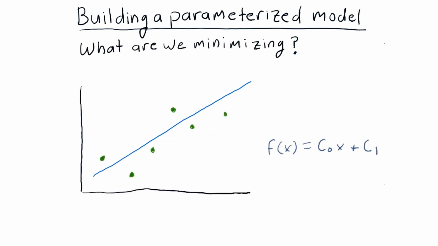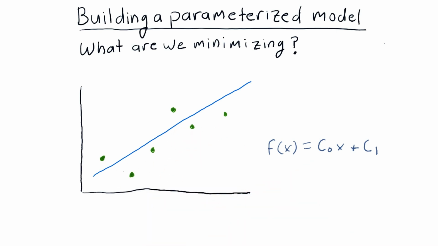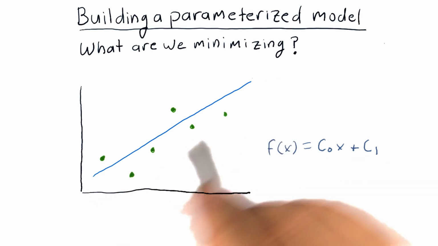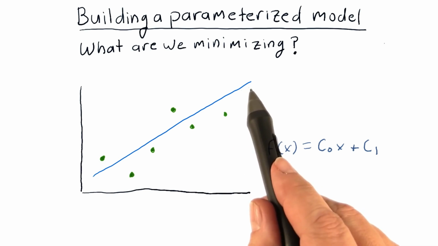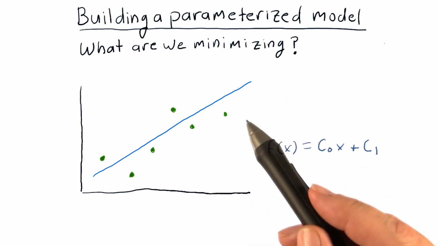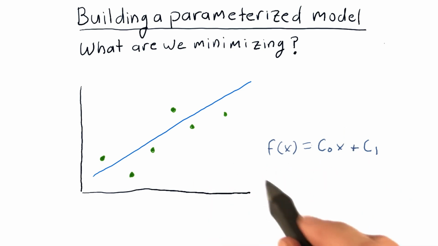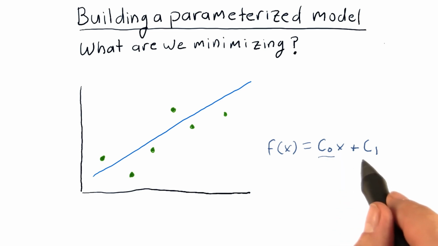So restating the problem, suppose we have our original data points here, and we're trying to discover the equation of a line that best fits those points. Suppose this blue line is a candidate line, and we want to evaluate it. Is this good or bad? So the equation for that line is our first coefficient times x plus the second coefficient.